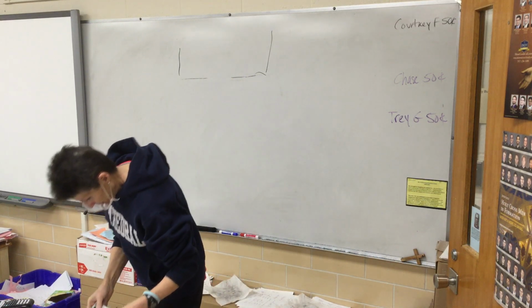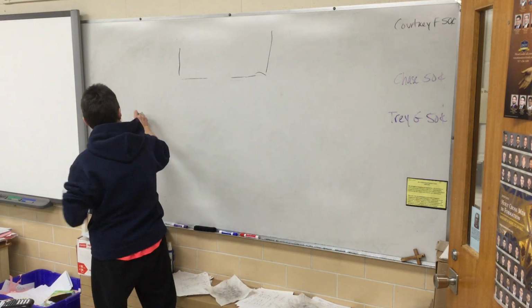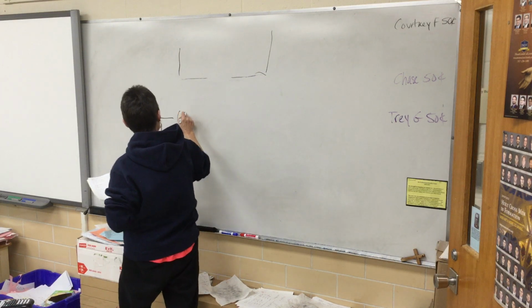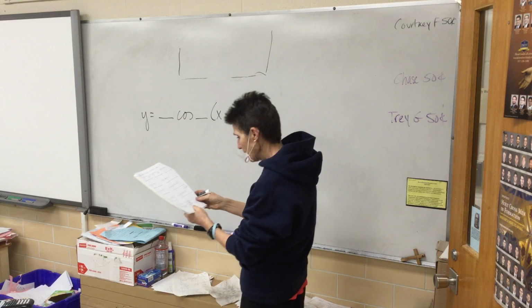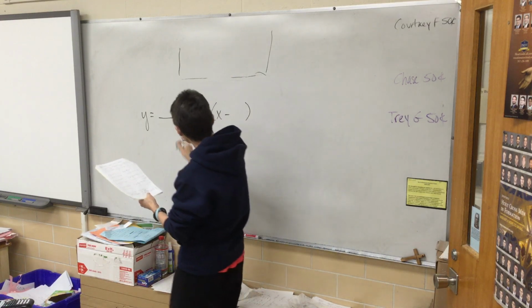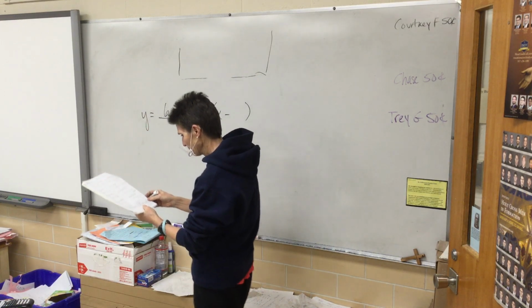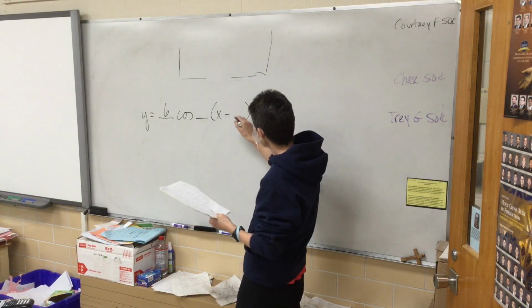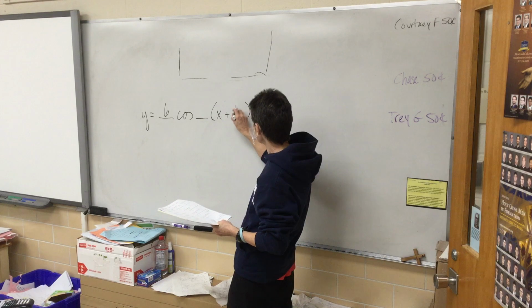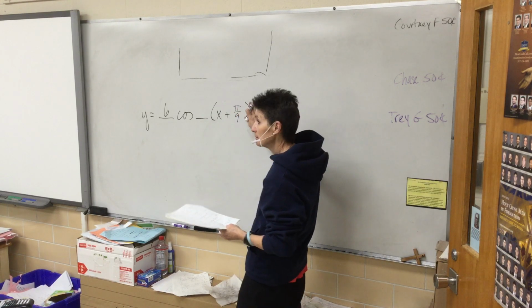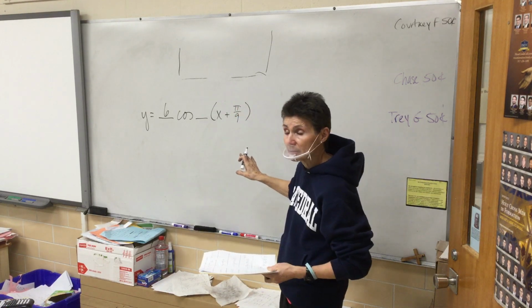So I know my equation is going to have something in the front, cosine, something, parentheses, something. All right, I can tell, I think that's a 6 in front there. And I can tell that my phase shift is negative pi over 9. So did you do this? You at least got that part.